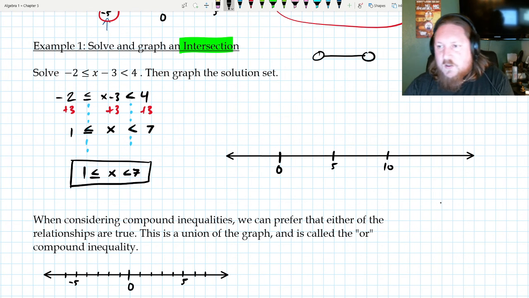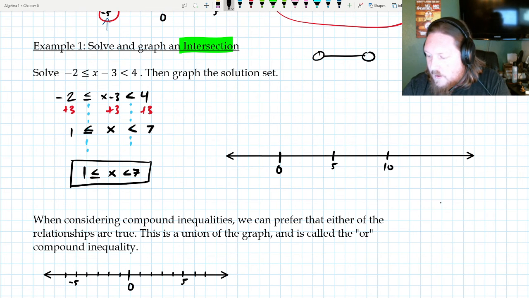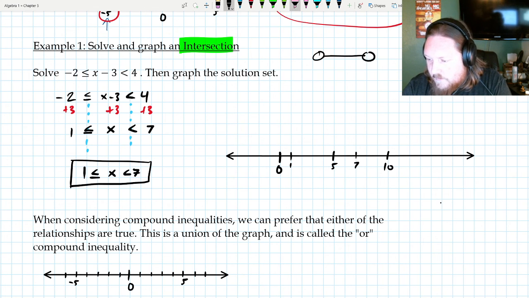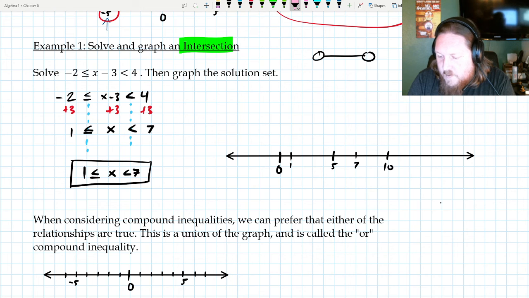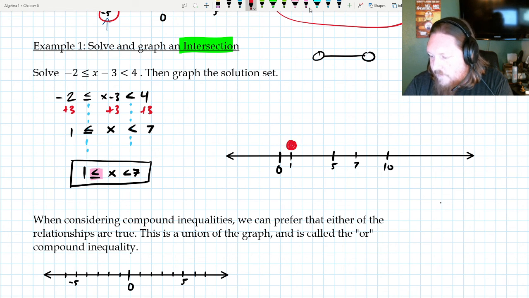Now one thing I like to do to really make sure it drives home that I know where the endpoints of this are is I'm going to put down 1 and 7 as their own tick marks. And now what I'm going to do to finish this graph, for the 1 it is less than or equal to. So on the left hand side where the 1 is, I'm going to draw a dot and fill it in because it's or equal to.